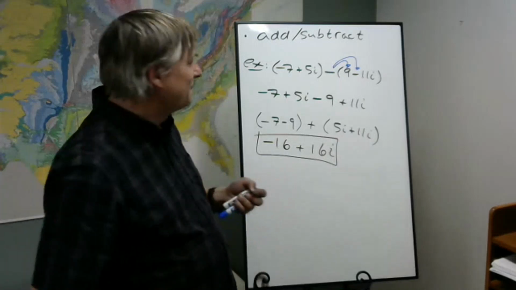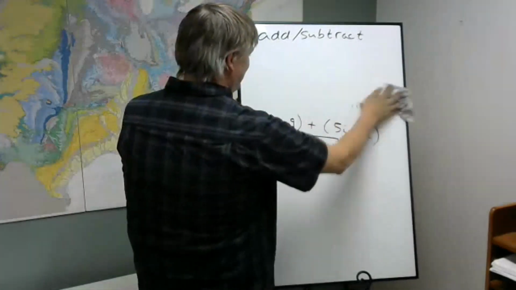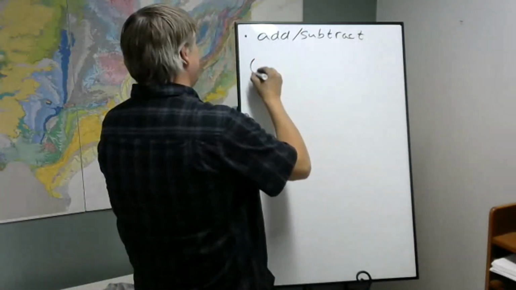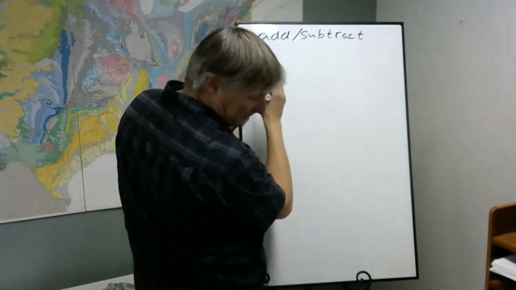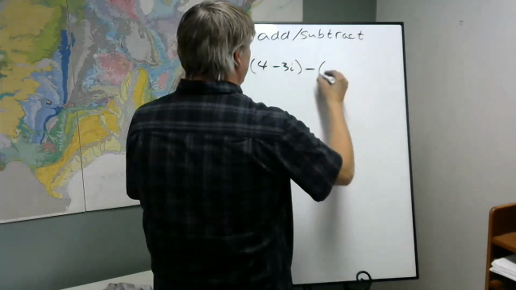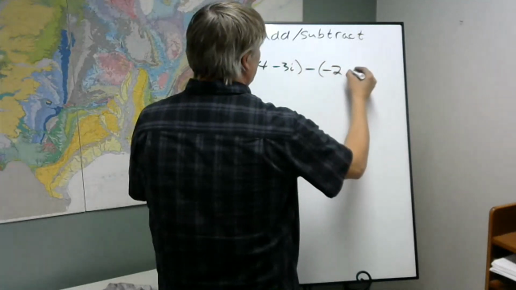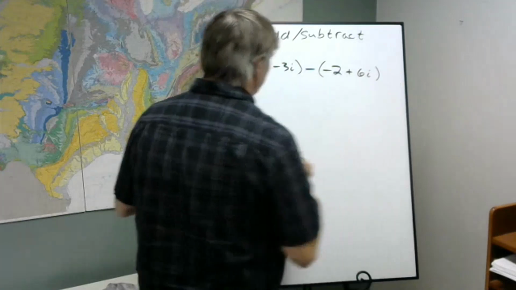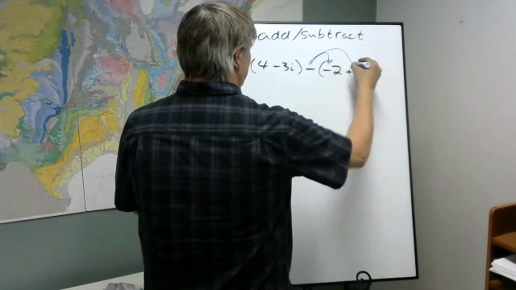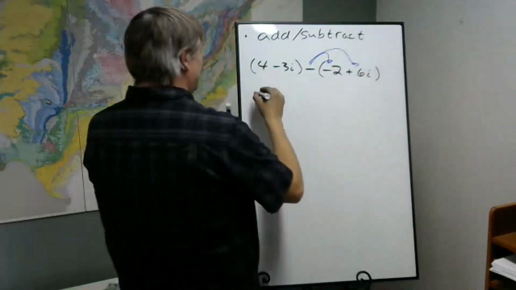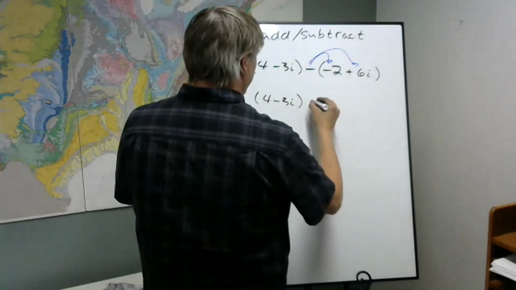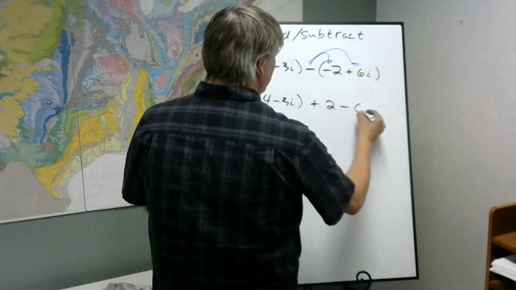So let's do one like that. Let's do one where we have that negative showing up. So let's say we have 4 minus 3i minus negative 2 plus 6i. Again, we're going to distribute the minus. So we'll get 4 minus 3i, and then we'll have plus 2 minus 6i.